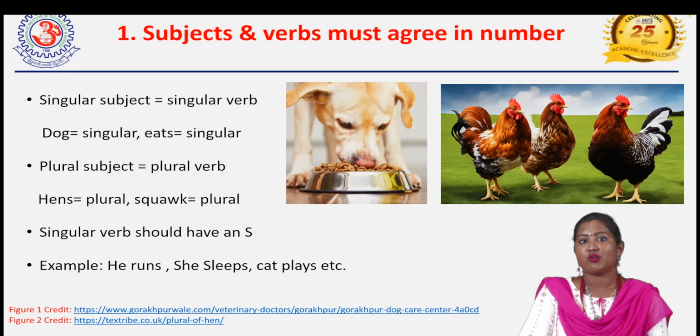For example, dog eats food, dog eats its favorite ice cream. This applies to the third person singular forms he, she, or it. Instead of dog we can say it eats, but the picture shows that it is a dog.